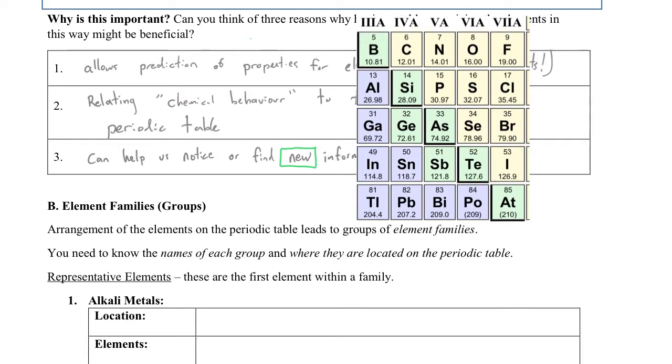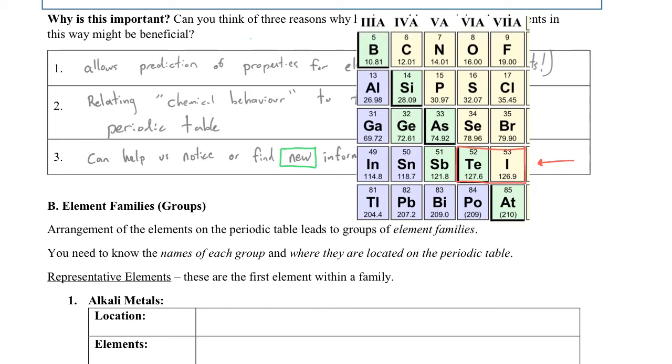What I want you to do is pause the video for a moment and see if you notice any discrepancy on these two elements, tellurium and iodine, which are next to each other on the periodic table. What you might have noticed here between tellurium and iodine is that the trend of masses continuing to increase as we go from left to right across this row is broken when we get to tellurium and iodine.